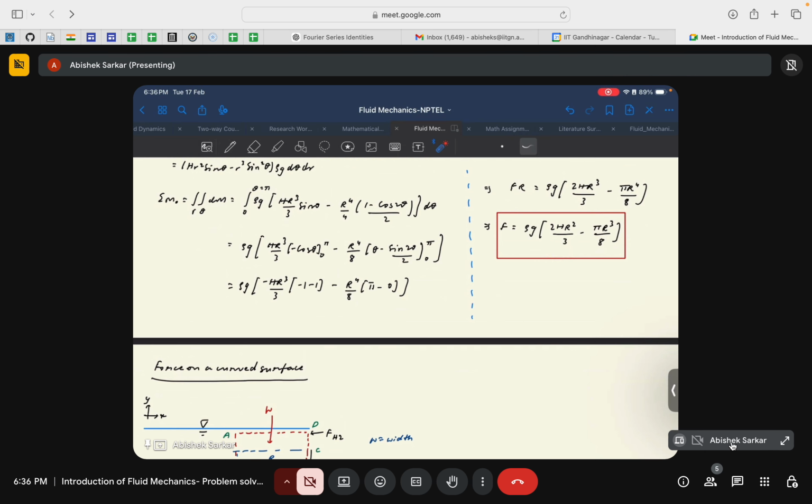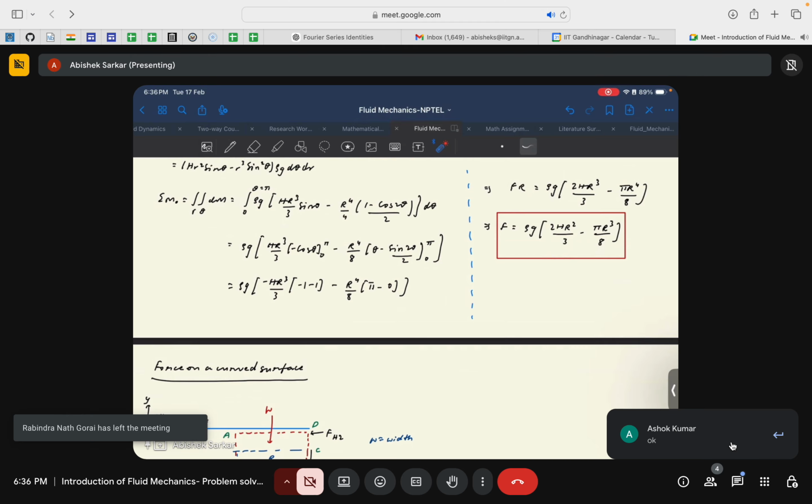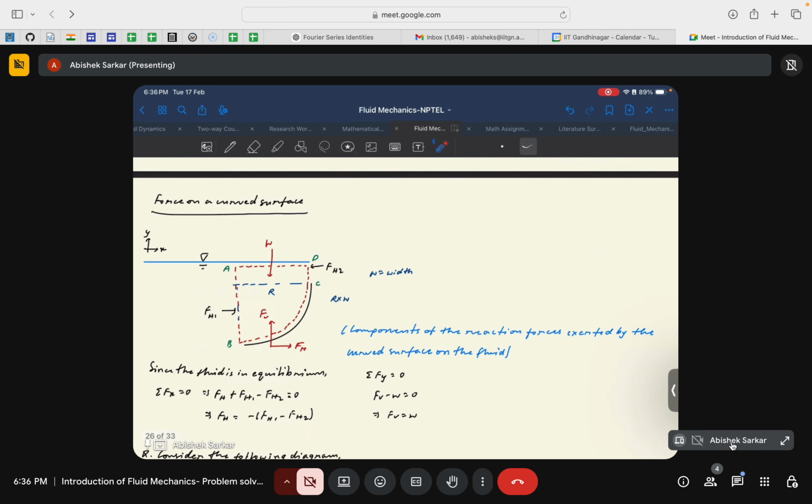Is this part clear? This discussion clear? We'll move on to the next topic. I'll wait for say 1 minute. Okay, if it's clear, then we can proceed further.